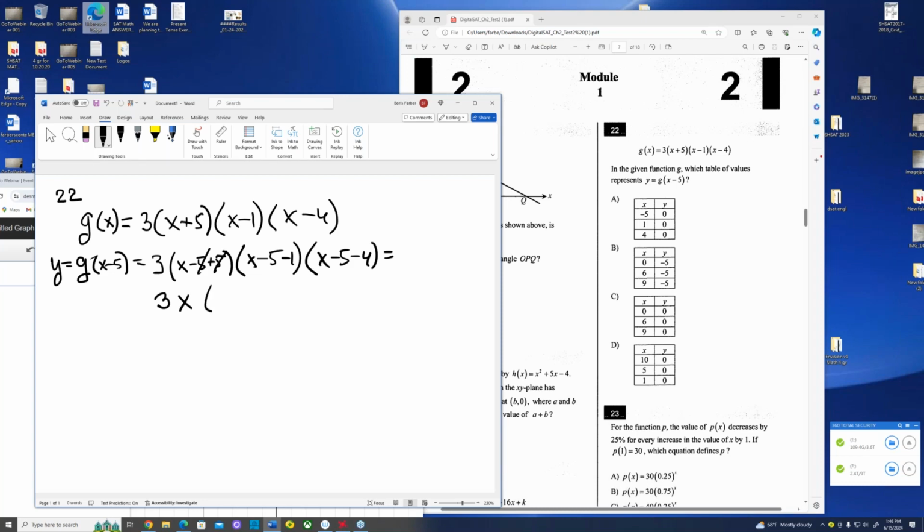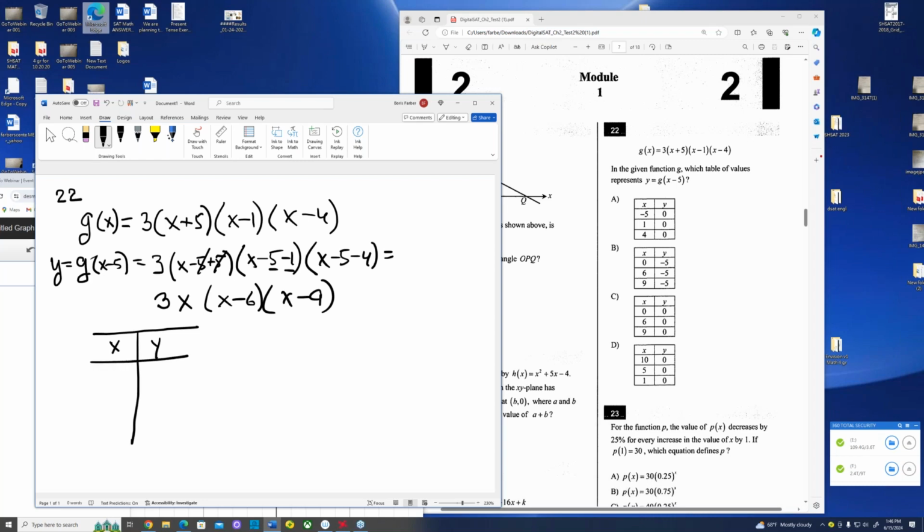X minus 6 combine like that, times x minus 9. And you want to build a table. This is x and this is y.